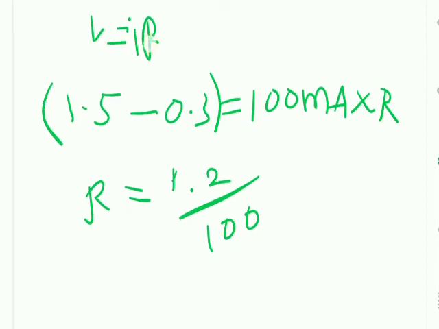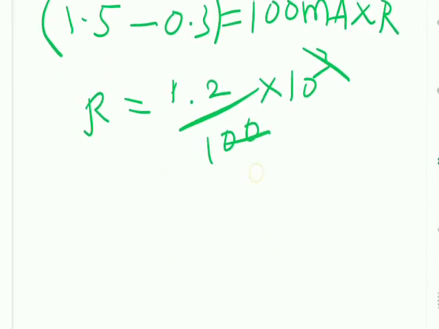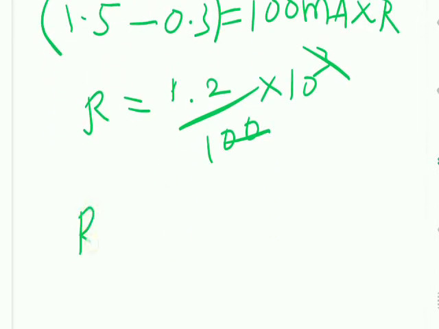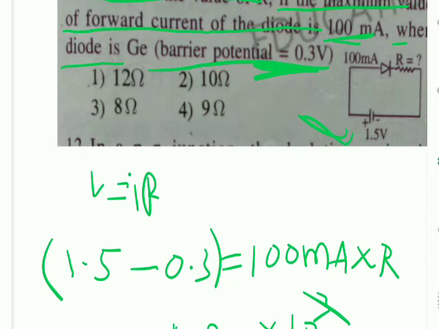This milliamps converted into amps, so 10 to the power of 3. Then here 2 3 cancel, remaining 1 is there. So our resistance is 12 ohms, the right answer. Check, the first option is right.